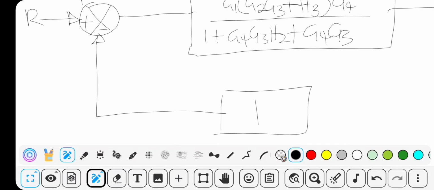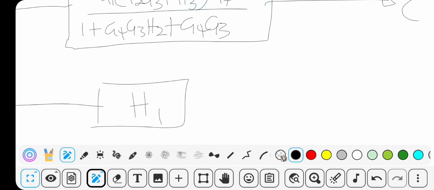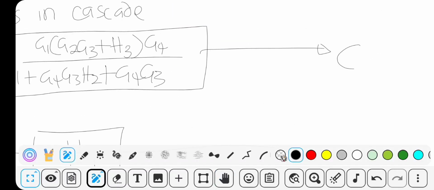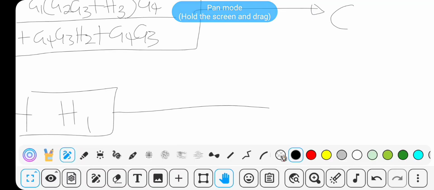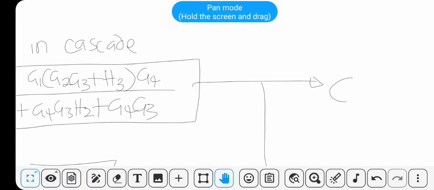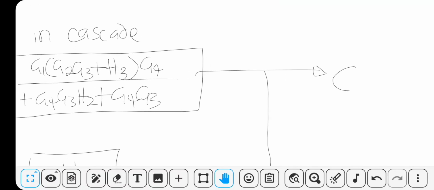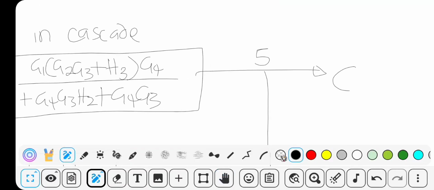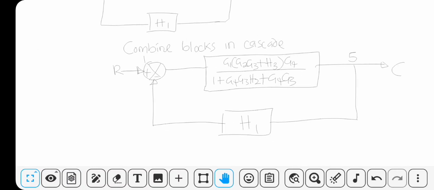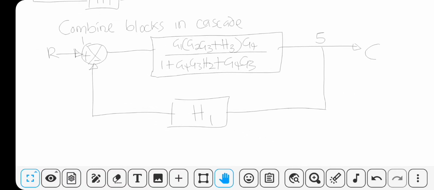This will be H1 down to summing point 5. You can see that we are just one step away from the answer.